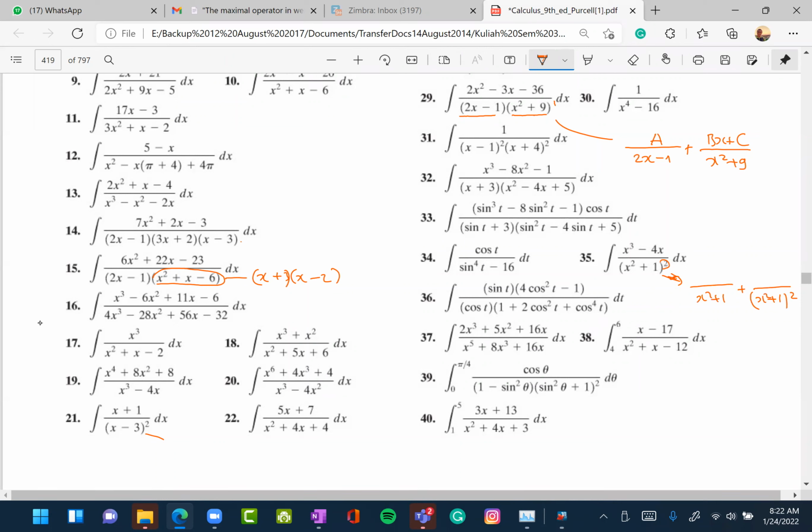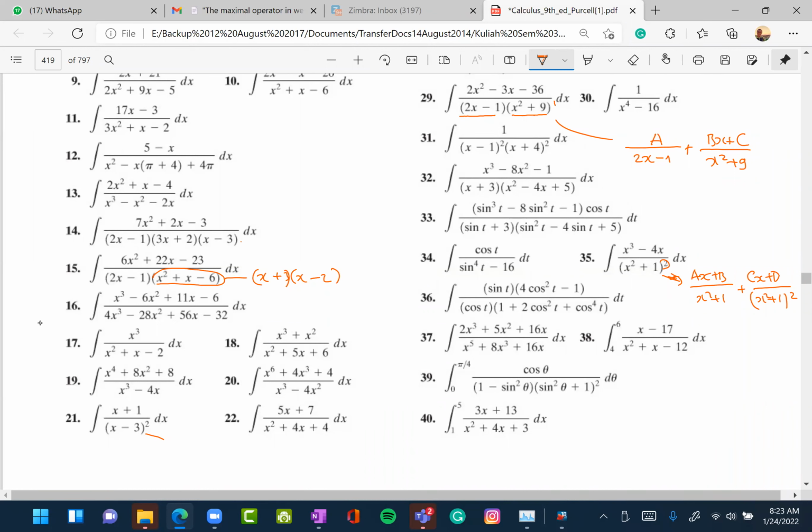And because this is quadratic, then it should be ax plus b, and then cx plus d. So that's how you decompose this one.